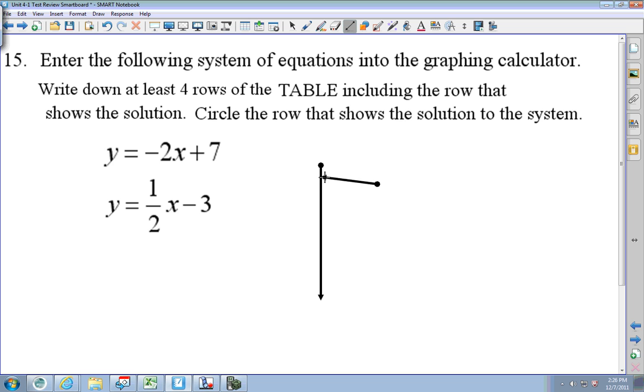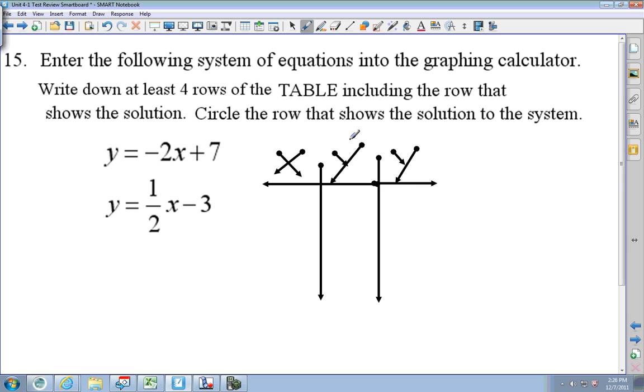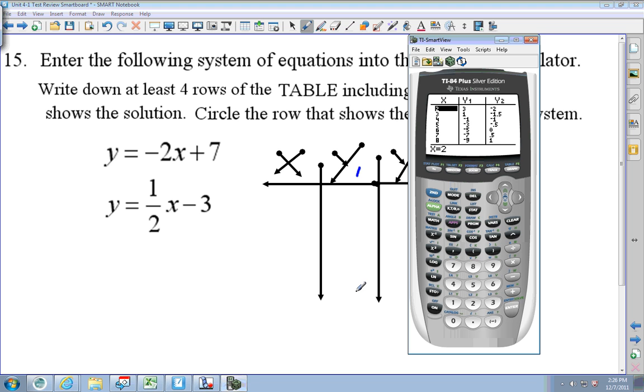So we're going to make a table. All right, so I've got y1 and y2. Now my calculator tells me that my solution is 4, -1.